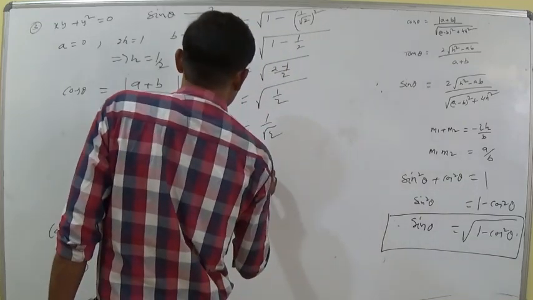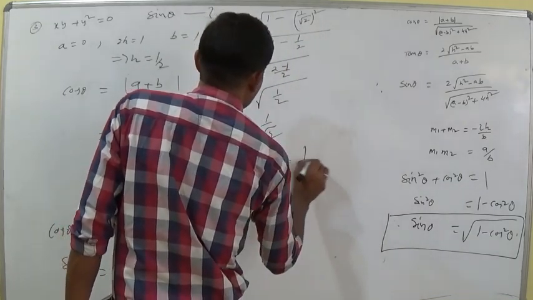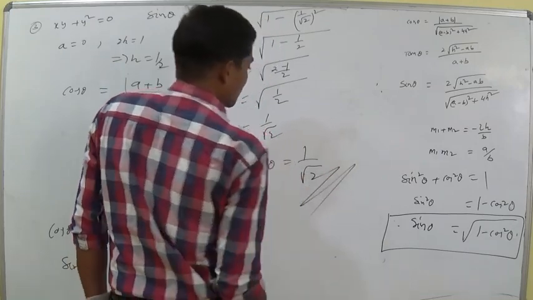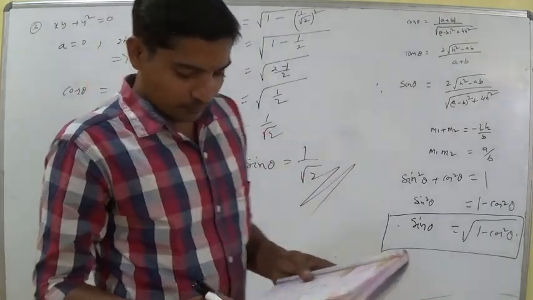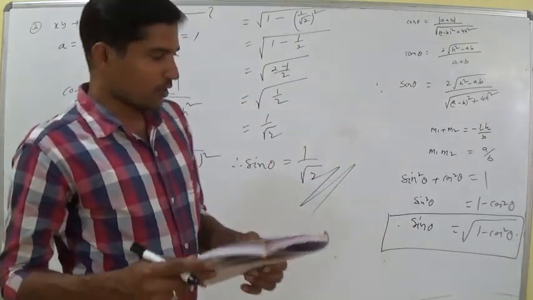Therefore, sin theta is equal to 1 by root 2 is the right answer. Right?